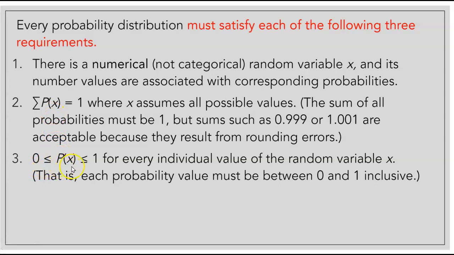The probability of each of those is corresponding, and in order for a value to represent a probability, it has to be between 0 and 1. And secondly, in order for all possibilities to be included, when you add up all the probabilities, it needs to equal 1. Now, sometimes because of rounding, it's 0.999 or 1.001, but it won't be anything like 0.8 or 0.7 or 1.2.